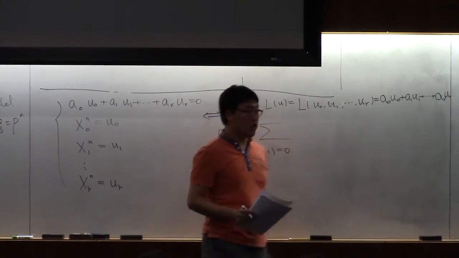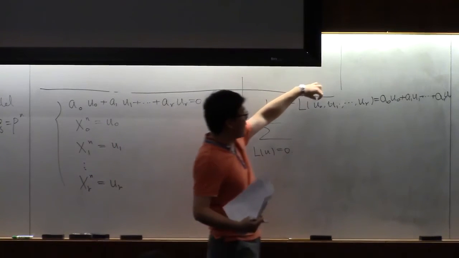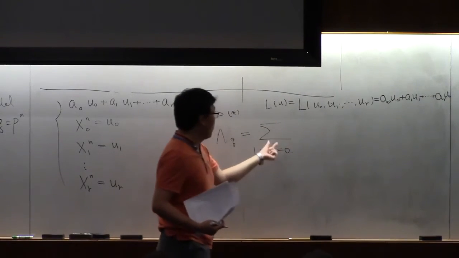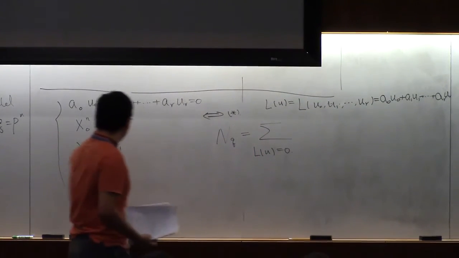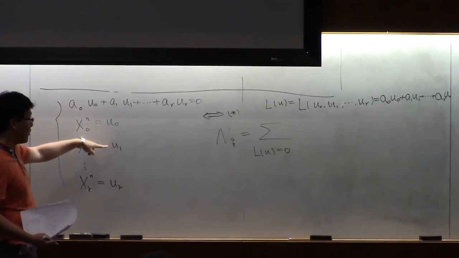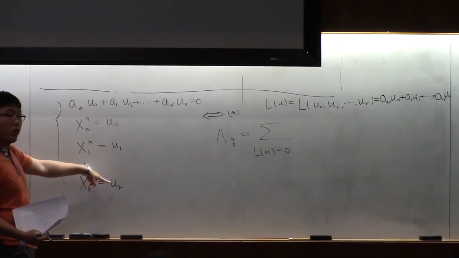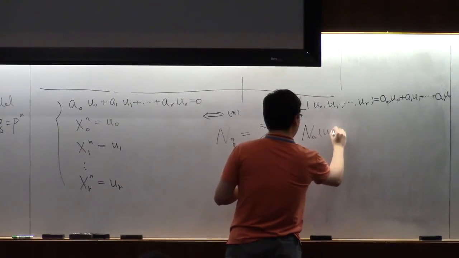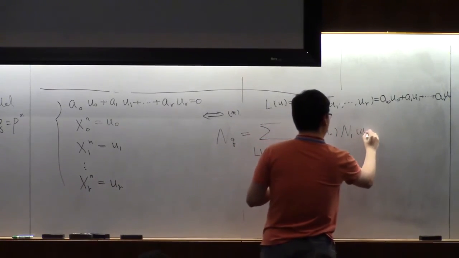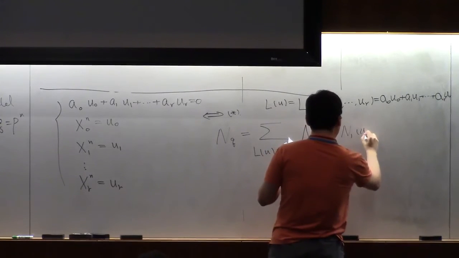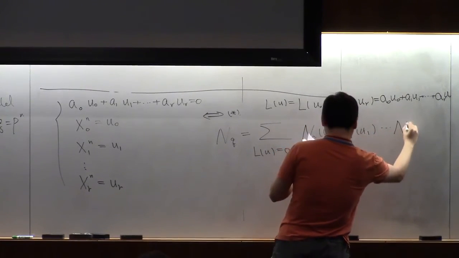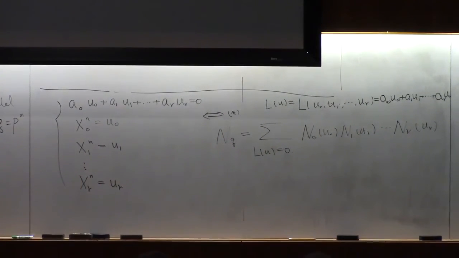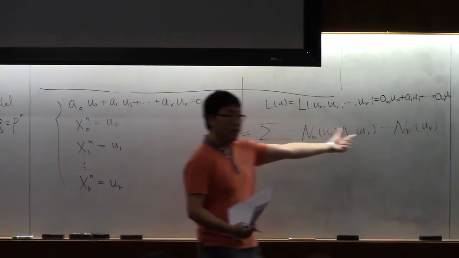You have such a linear function, then you first fix the value of this u0, u1, u_r such that this linear function is 0 with the given values. Then you try to compute the number of solutions to each of these single equations. And then you can write the number of solutions of this equation as the sum of this product.